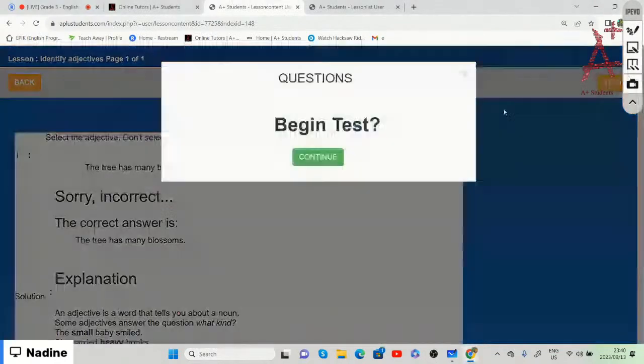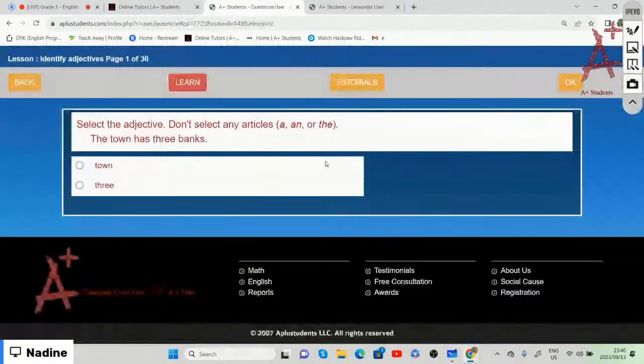All right, so now we're going on to our test. Remember, we said that we do not select any articles when we select our adjective. We do not select any articles such as a, an, or the. That is not an adjective. It is not telling us about the noun. The town has 3 banks.